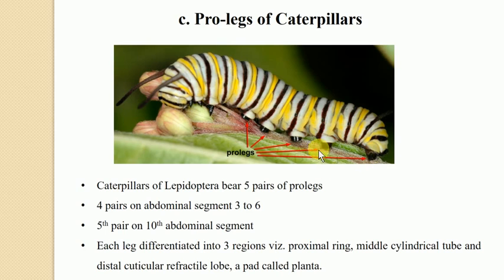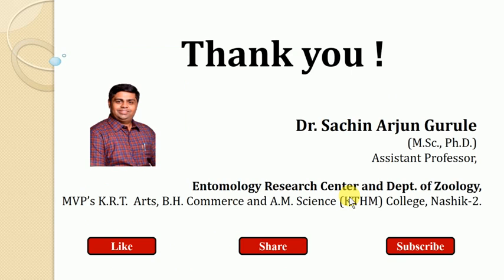So in this way, these are the abdominal appendages which are present before the genital aperture and hence are referred to as the pregenital abdominal appendages. In this lecture, we have learned the various pregenital abdominal appendages. First we learned the styliform appendage.